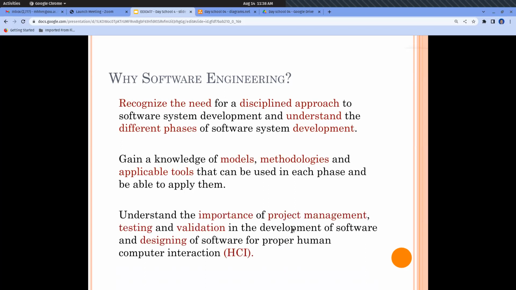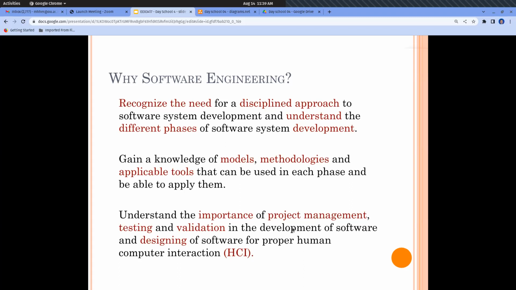The other is project management. In every project, project management should be there, in civil engineering, mechanical, not only software. But software project management is somewhat different from civil engineering project management.